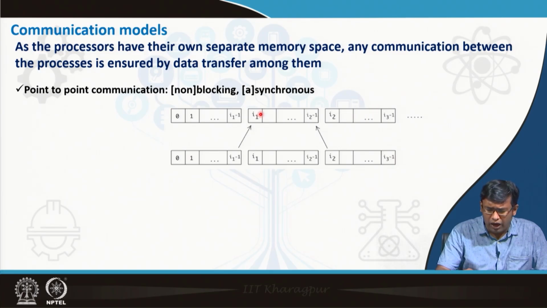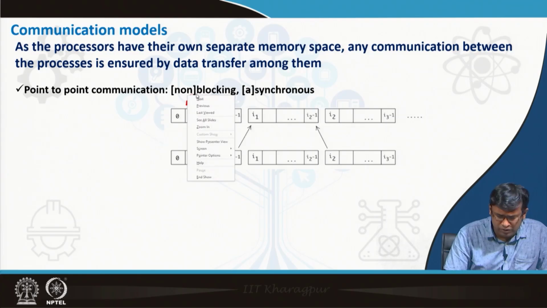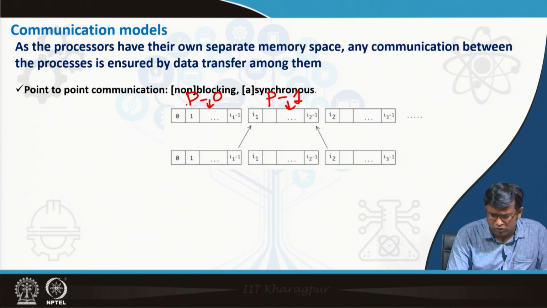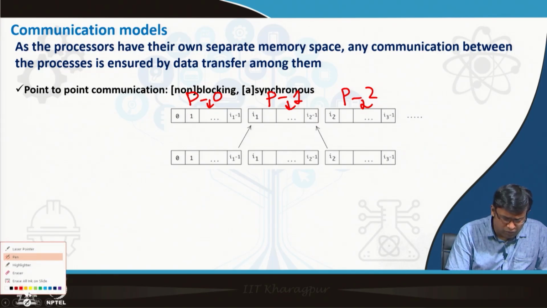Let me write the processor numbers here: processor 0 is attached to this memory space, processor 1 is attached to this memory space, and processor 2 is attached to this memory space. Now, processor 0 needs this information which is held by processor 1.